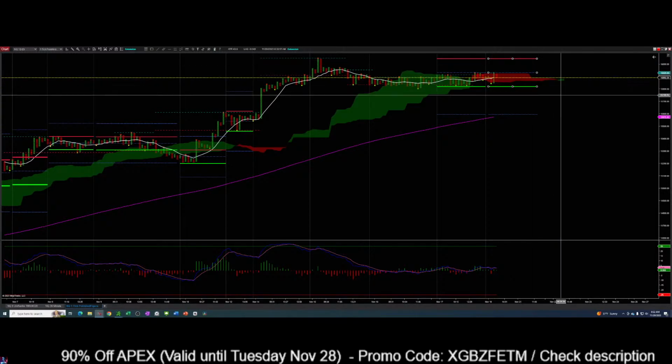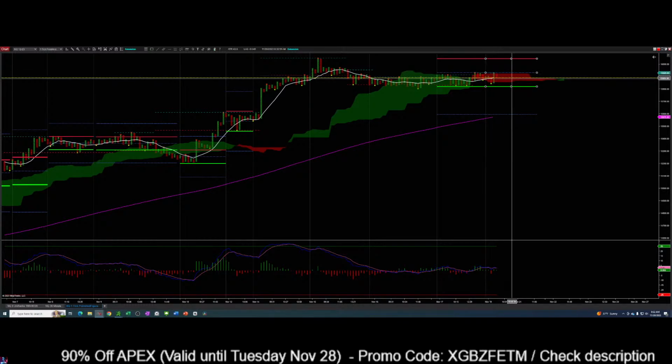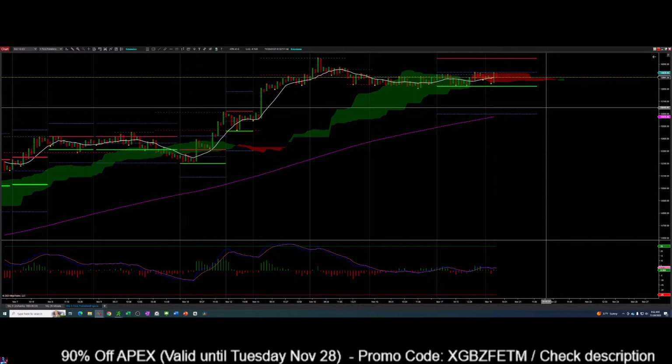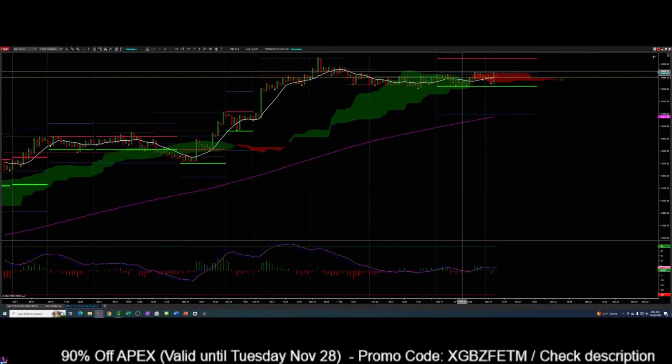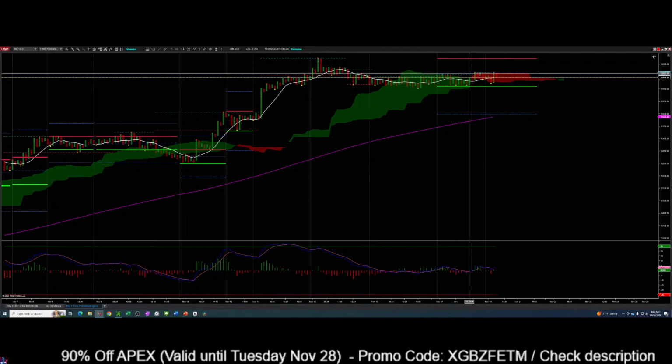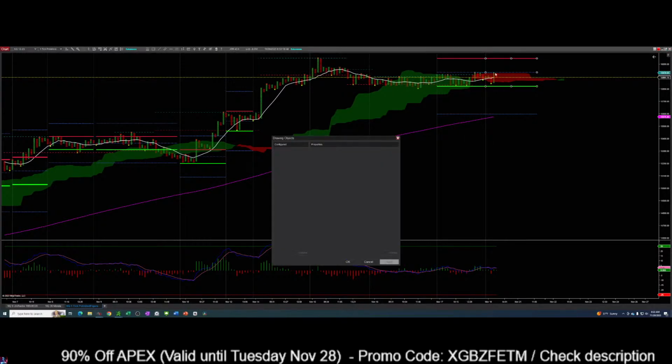Not really changes in this instrument off of last week. We are below the resistance level, in between these two levels here. So let's see what levels I have.